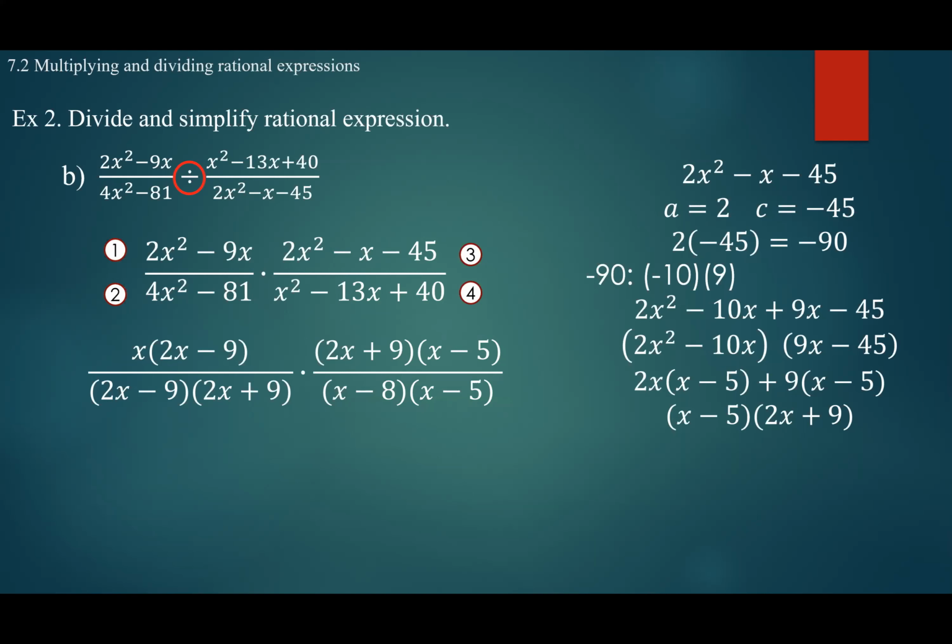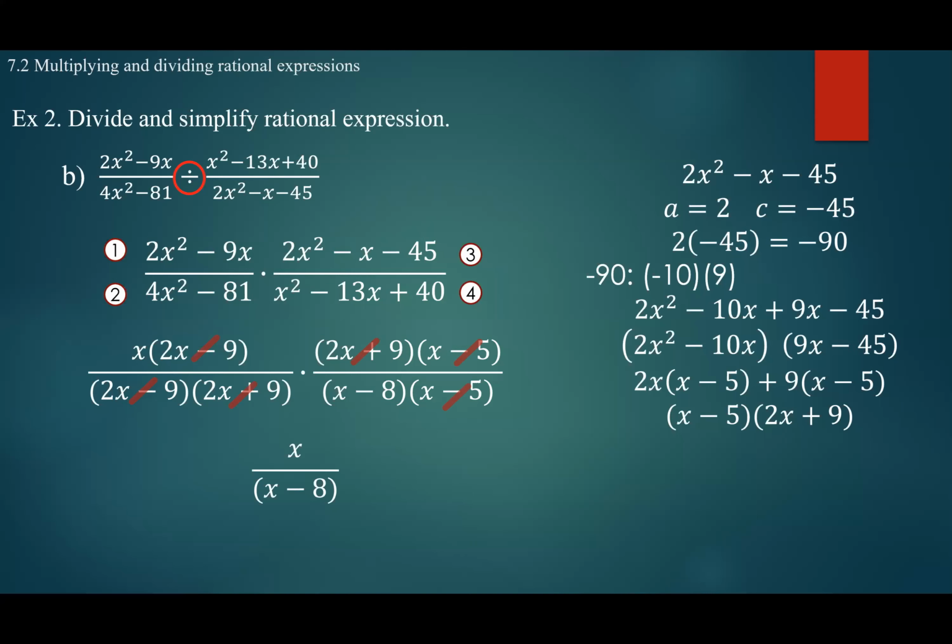And if you know how to factor, the new thing in chapter 7 is this. Literally, what they tell you is, what can you cancel out? We know that 2x minus 9, 2x minus 9, 2x plus 9, 2x plus 9, and x minus 5, x minus 5, literally everything cancels out except the x on the numerator and an x minus 8 on the denominator.